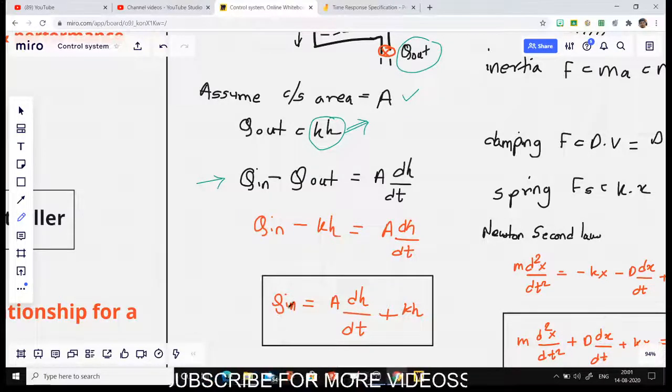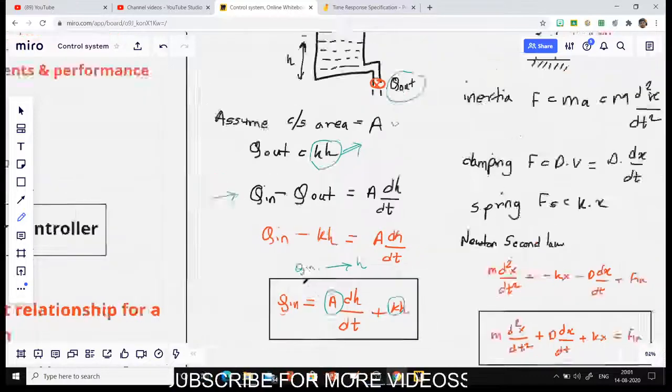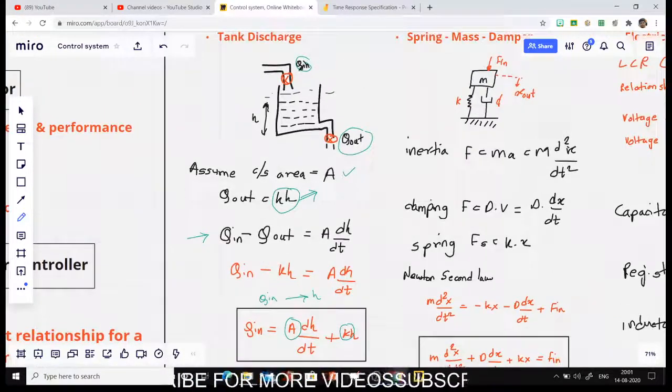In the end you get Q in in terms of H. So there is one term with a factor k multiplied with H, and one time-dependent term, the first derivative dH by dt, with the area. This is how we can convert a simple system into a mathematical form.